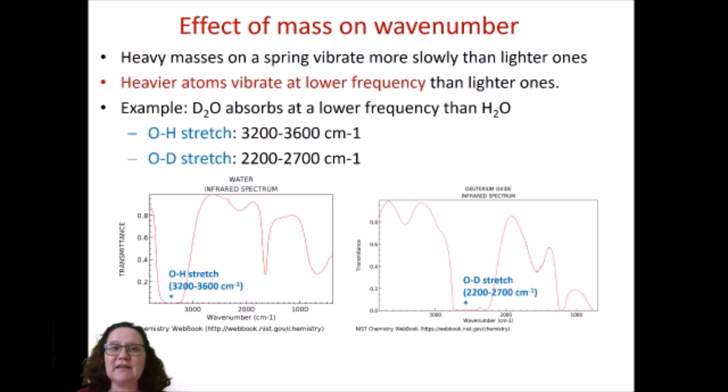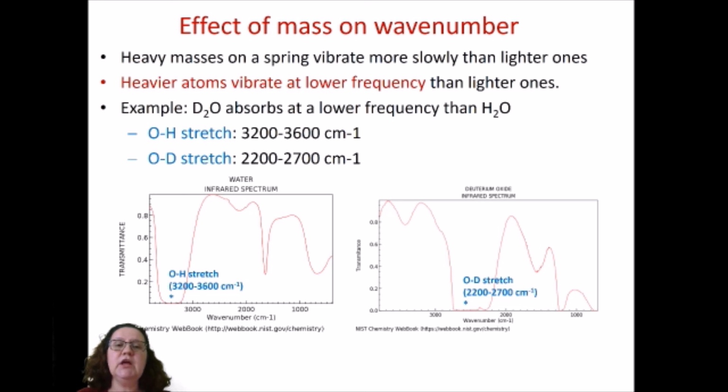Mass also has an effect in how the molecules vibrate. So it also reflects in a different position of the bands in an infrared spectrum. Heavy masses on a spring will vibrate more slowly than lighter masses. So heavier atoms will vibrate at lower frequencies than if they are lighter.